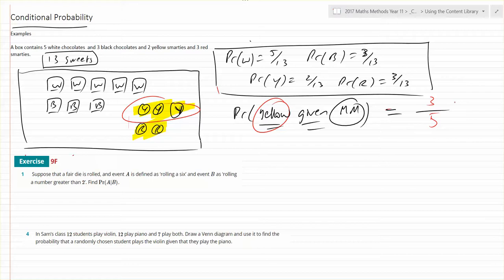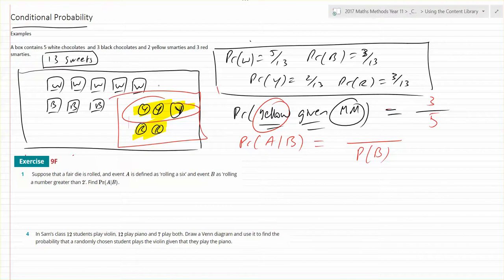More generally, to work out the conditional probability of A, given I know B already, the general formula is: the probability of B becomes your new total. That's like your new sample space, because like with the M&M example, that's my new sample space.